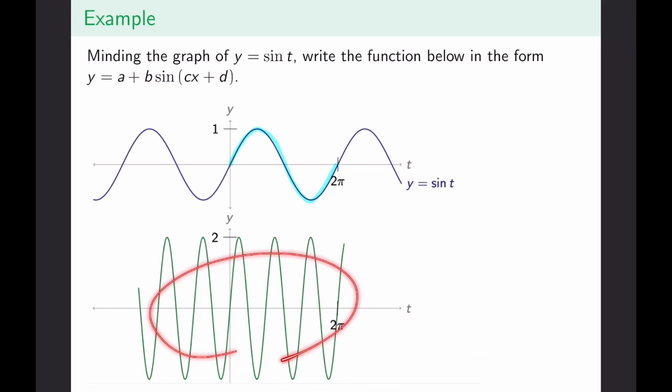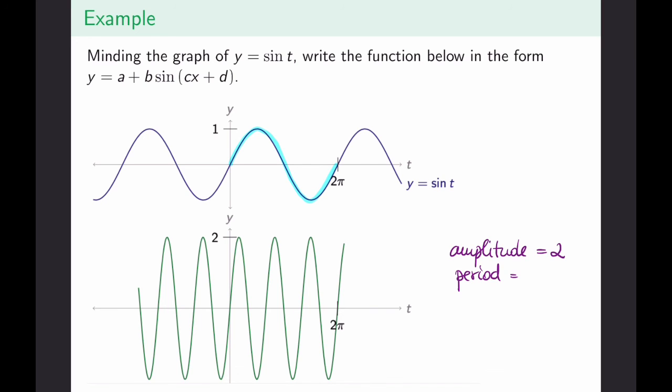So what are some of the things that we notice about this bottom graph? Well, first of all, the sine function being trapped between -1 and 1 is now actually ranging from -2 to 2, which means that its amplitude, or the vertical stretch, is equal to 2. Now, what about the period of this function? What we notice, of course, is between 0 and 2 pi here, the function only repeated itself once, that's why that's the period.